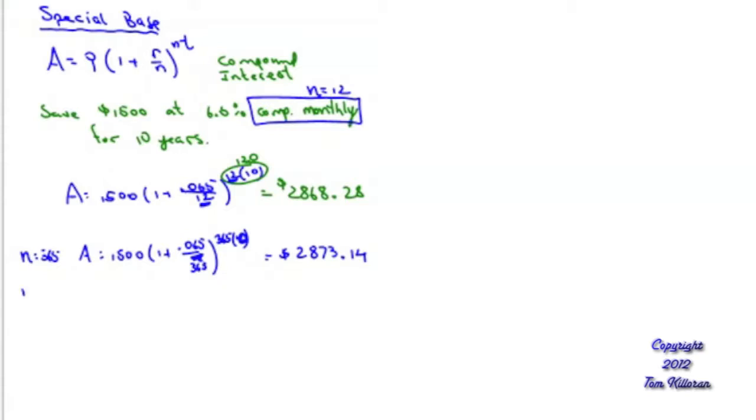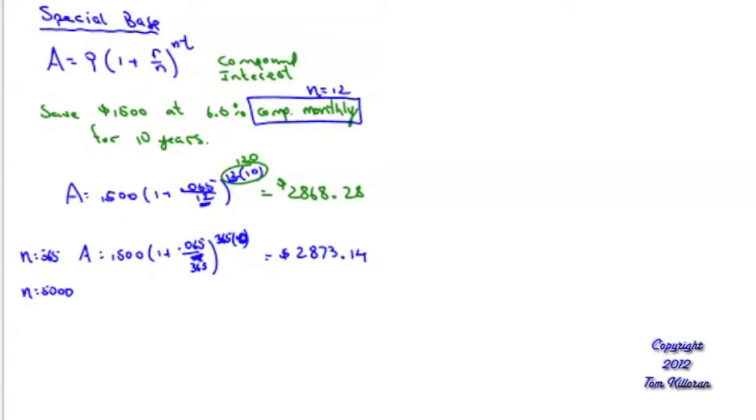All right. What happens if we let n equal 5,000? Parentheses raised to 50,000, so it'll be for 10 years. Do you think the amount of money is going to go up dramatically? Probably not.